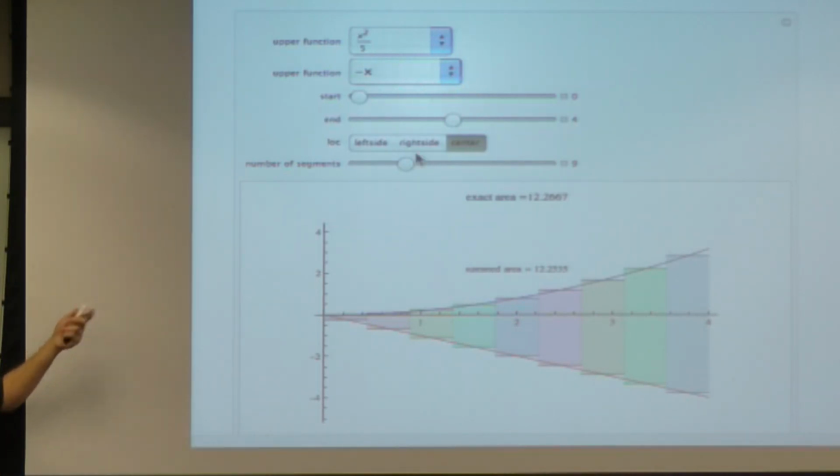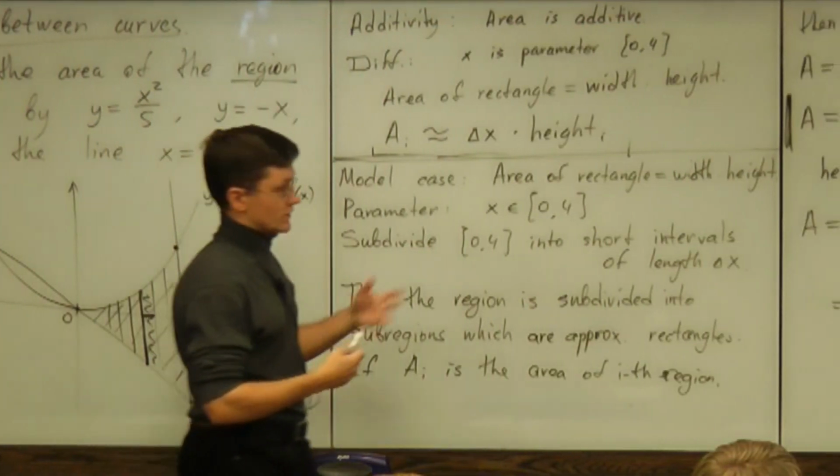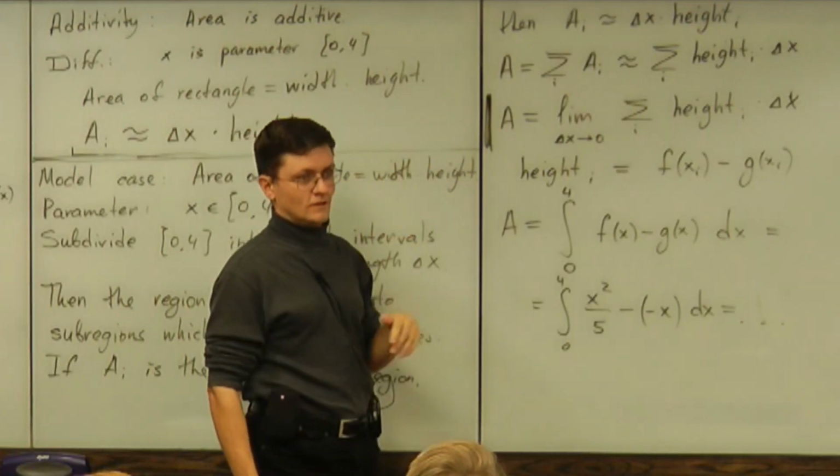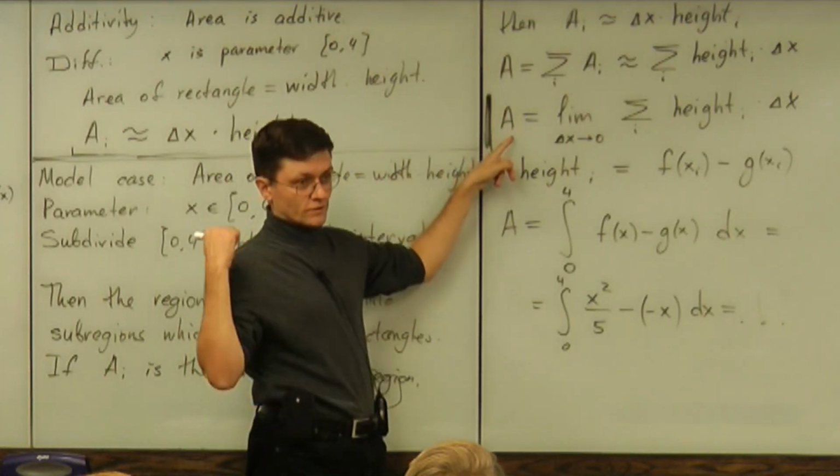And then for some choices you may see quick convergence, for some choices you may not see convergence for quite some time. So it's only our belief at this point that what we see, the approximations, converge to some number as the delta x goes to 0. So that's exactly what we claim here, that we believe that what we wanted is the limit.